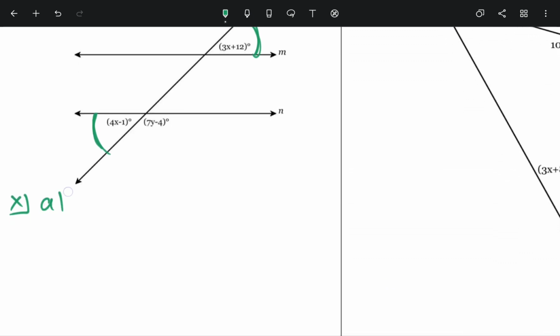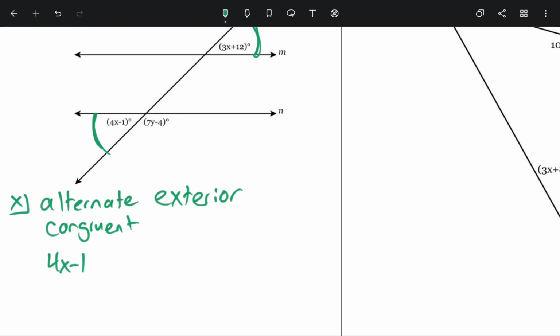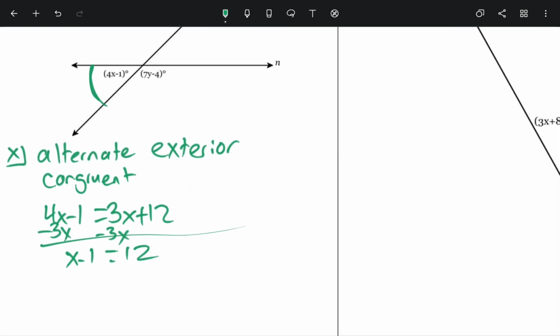These two are alternate exterior, which means they are congruent or equal. So 4x minus 1 equals 3x plus 12. Subtract 3x from both sides. We get x minus 1 equals 12. Add 1 to both sides. We get x equals 13.